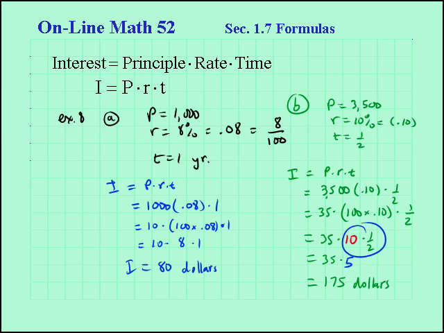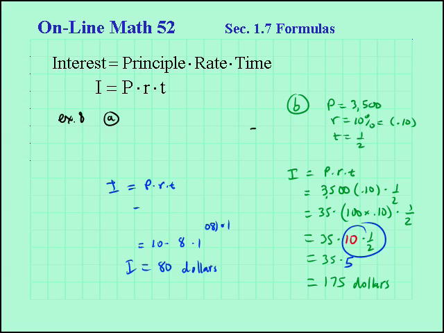Now I want to complete this and do the last one. It's kind of interesting. I'm going to have to erase part A, so please excuse me. Erase, erase, erase. Sorry about that. The reason it's different than the others, you can look ahead right now in the book, is because it has months.